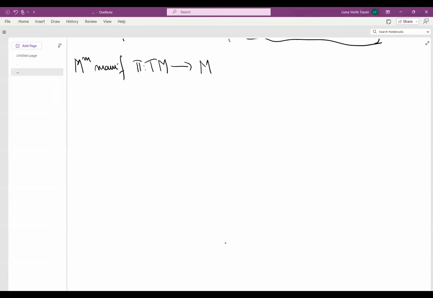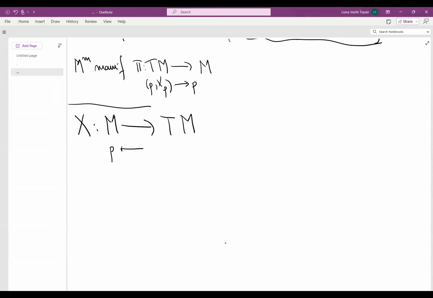Remember, every tangent vector goes into P, into its origin through the map, and then a section of the tangent bundle means a map defined from M into T of M, which takes a point P here into a vector which is tangent at the point P to M, for every P of M. Something like this is called a vector field on the manifold M, okay? So a section of the tangent bundle.